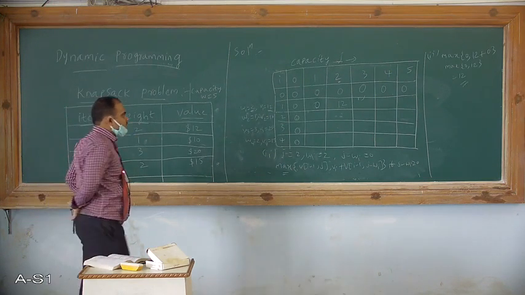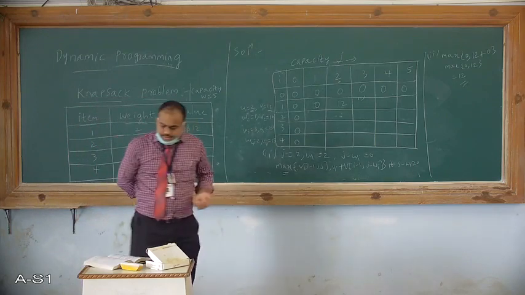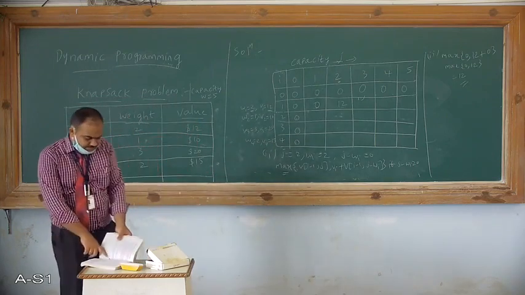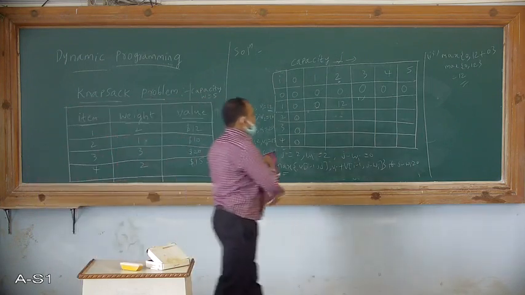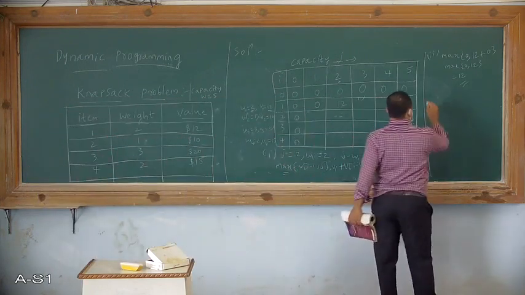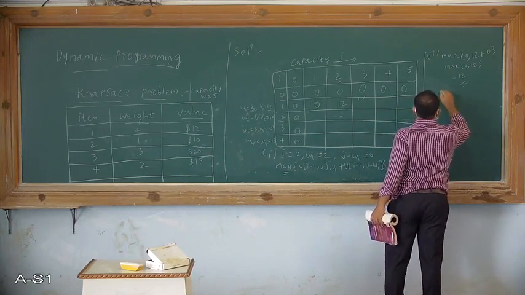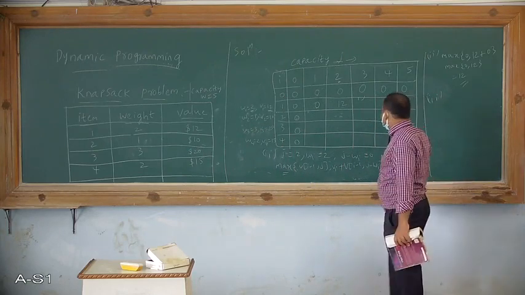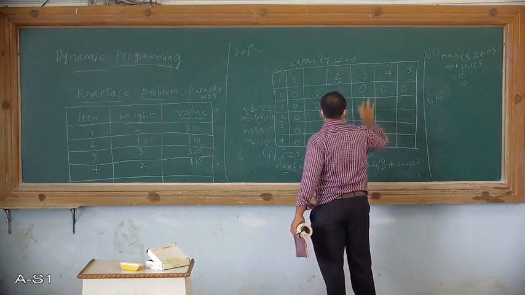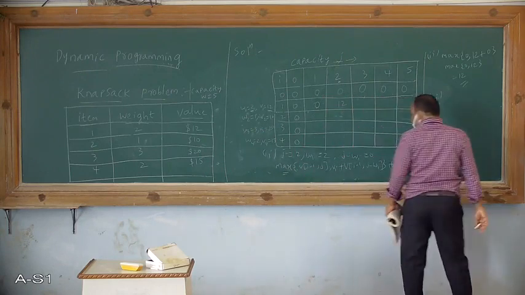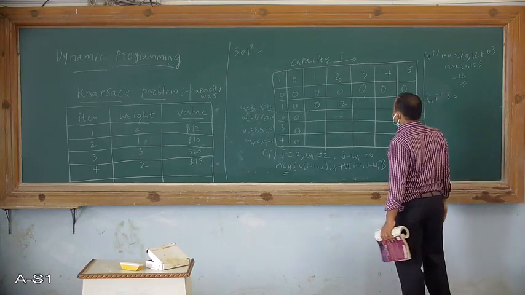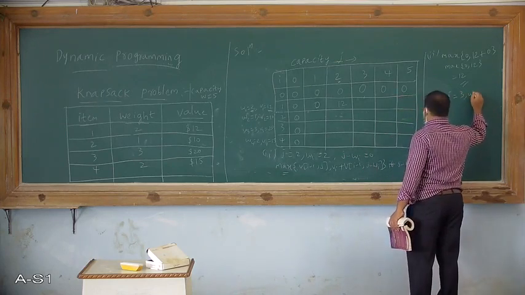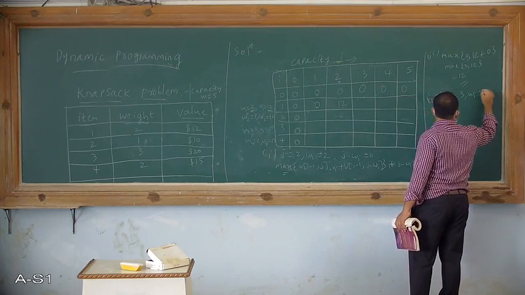Similarly, we will apply for the next case. What is the next case here? Again the same thing. What is the value of j here? J is equal to 3 and wi will remain the same for the entire table.